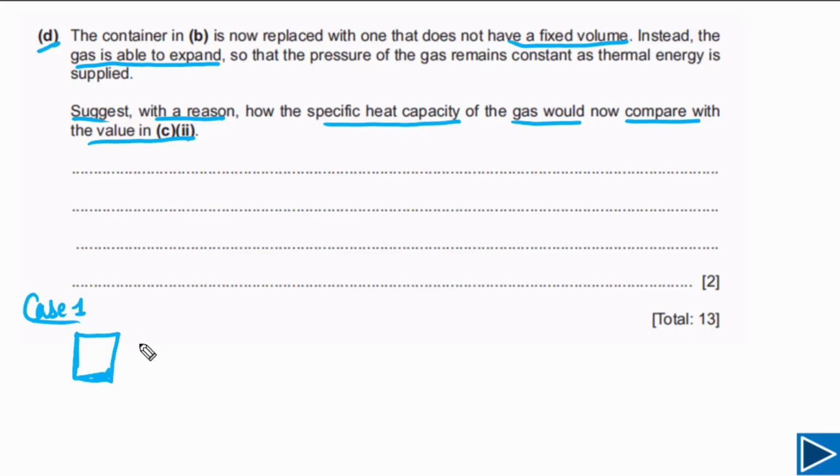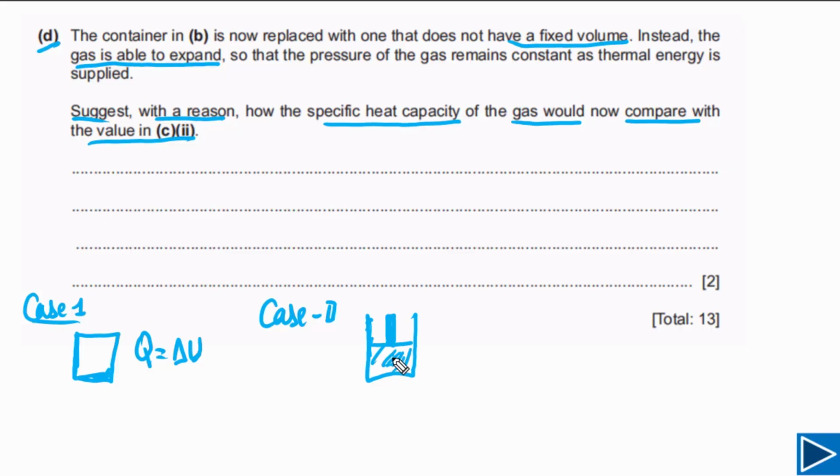In this case, to increase the internal energy, we said that Q was only equal to ΔU. It means all the thermal energy was used to increase the internal energy of the gas. But now in the second case, let's say we have this cylinder, and inside this cylinder we have gas, and this cylinder does not have a fixed volume, meaning the volume of this cylinder can change now.